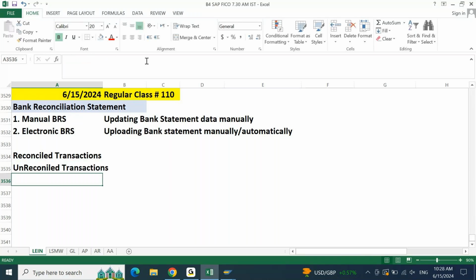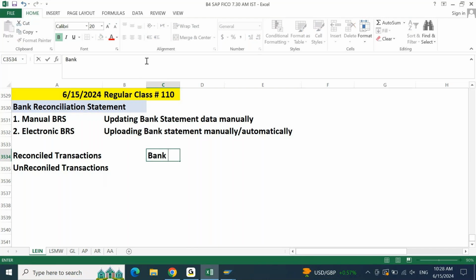In bank statement, once it is uploaded or once it is updated, the moment you start performing the BRS activity, there are two types of transactions. One is your reconciled transaction, another one is unreconciled transaction. Reconciled transaction means bank statement and bank GL entry is matched.